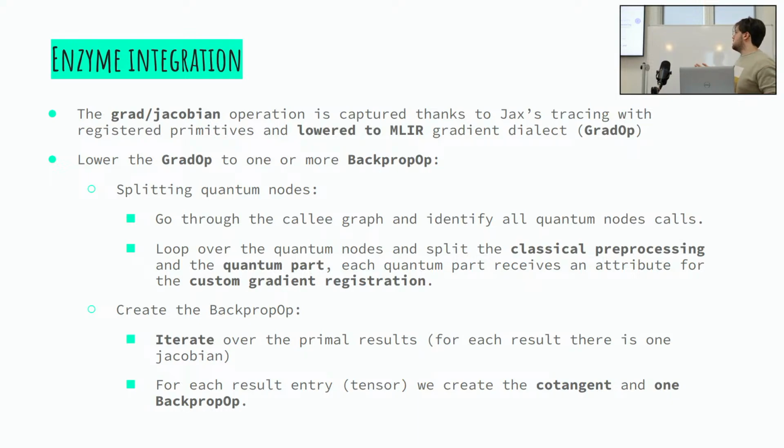And we lower that to this gradient dialect. For example, if we take the grad op, we want to lower this grad op to a backprop op. A backprop op, you can see it as an Enzyme call, enzyme autodiff.